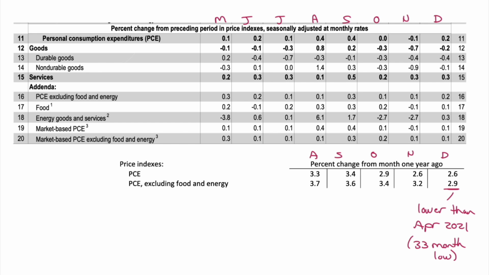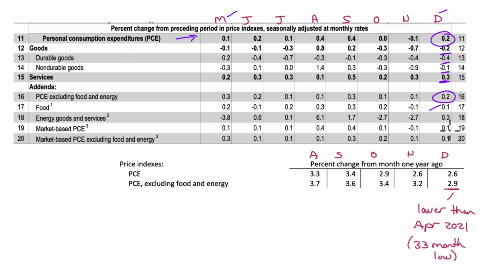Okay, let's look at PCE and a section from one of the tables which has the change from the preceding period, from May all the way to December. We have 0.2 on headline personal consumption expenditure. Goods, negative 0.2. Durable, negative 0.4. Non-durable, negative 0.1. Services are 0.3. If we look at core PCE, 0.2.